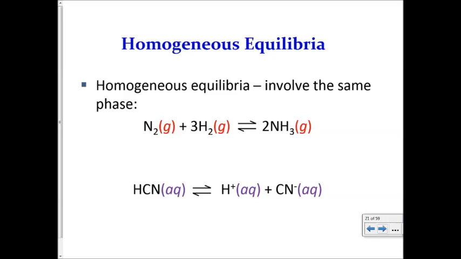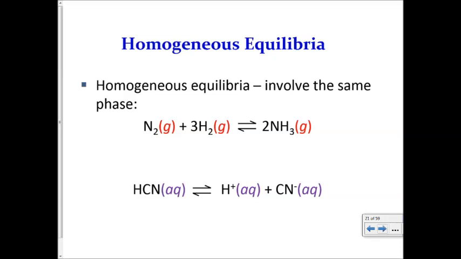Another one there is where we have hydrocyanic acid. Hydrocyanic acid is not one of our strong acids, not one of our strong 7, right? So it's going to be dissolved in water, aq. Now the hydrogen ions will be there, and the cyanide ions will also be in there. So you have all 3. These ones would be considered homogeneous equilibria.